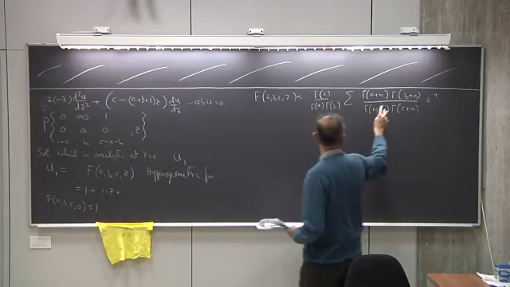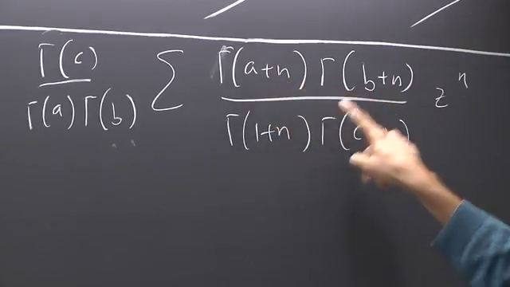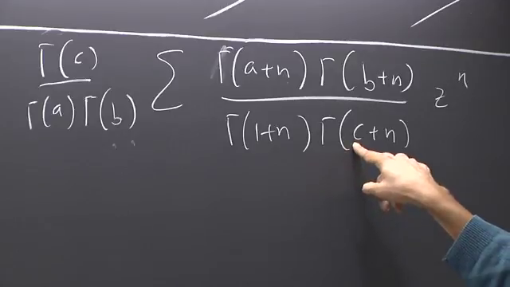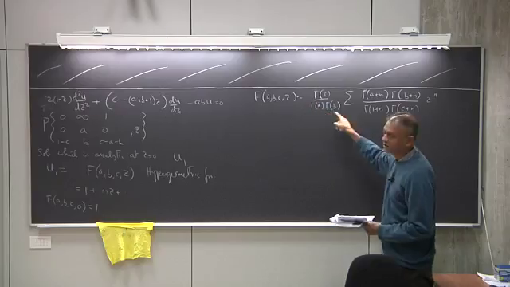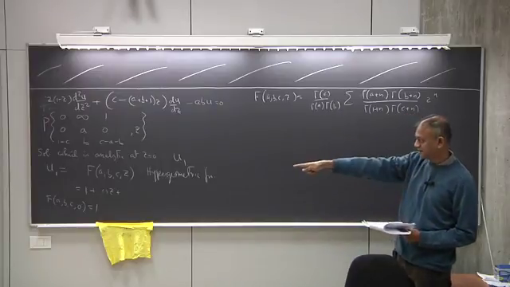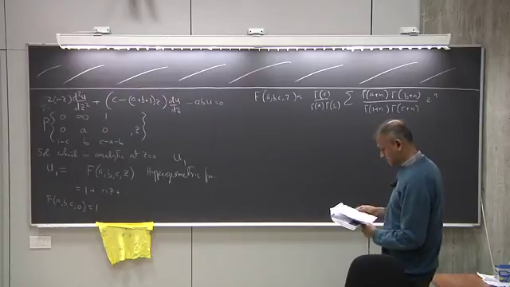For n equal to 0, the z to the 0 term comes with gamma a gamma b divided by gamma c, so all that cancels and gamma 1 is 1. This is done just to make sure that F(a, b, c, 0) is 1. That's the only reason.